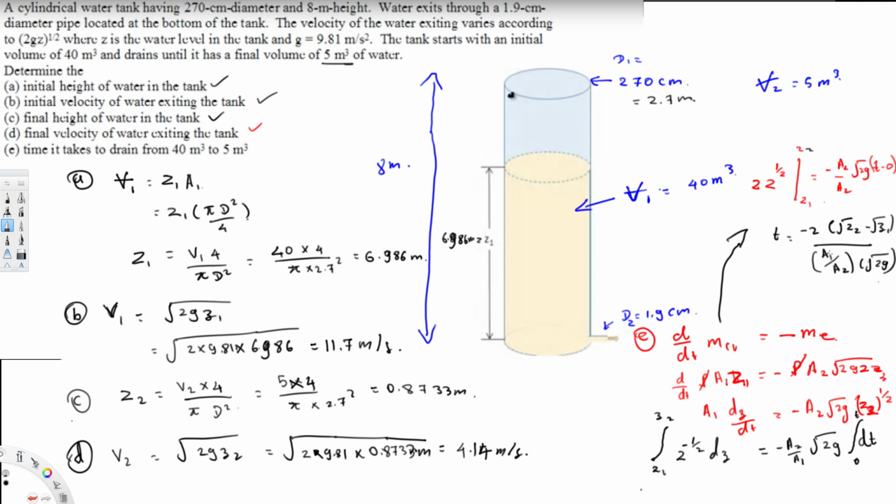So this is all we have to plug in. We have z1, z2 right here. z1 is right here. z2 is right here. Area 1 is right here. Area 2, this one.